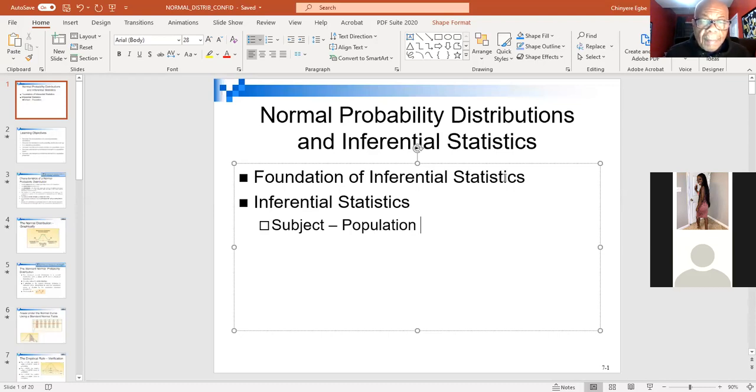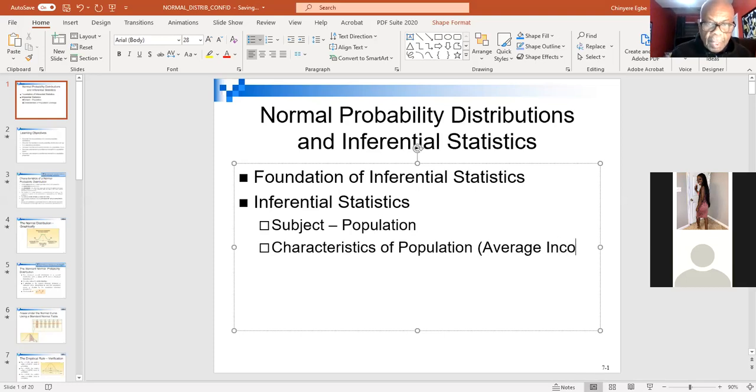Now, I want to describe the characteristics of the population. Characteristics of a population, for example, average income, average travel time, average GPA.